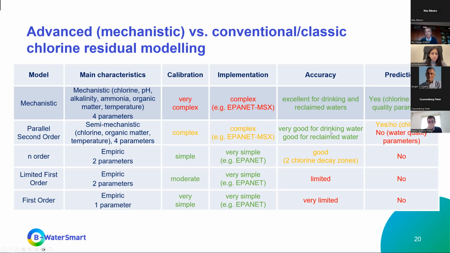It has a very good accuracy for drinking water, and not so good, but good, for reclaimed water. It has some predictive ability, it can predict chlorine if you know in which zone of the disinfection you are, if you have monochloramine or free chlorine, but it has no prediction ability for the other water quality parameters.